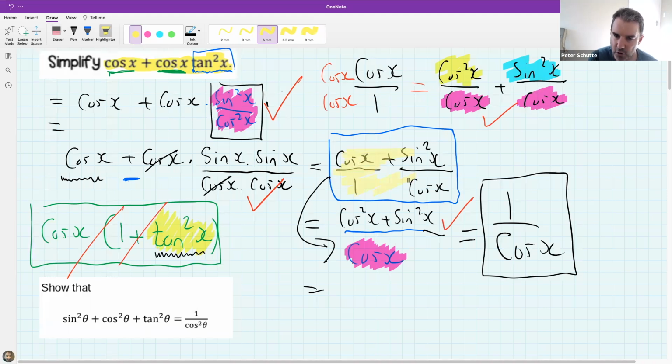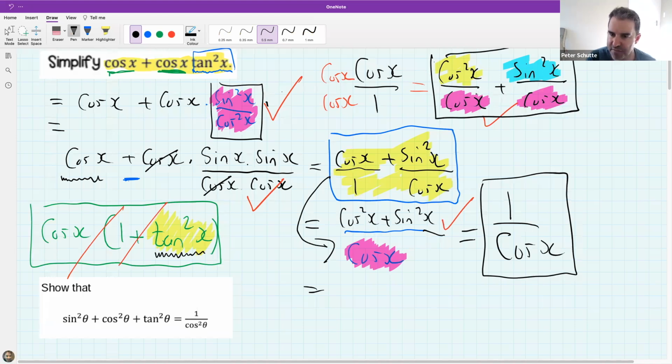So this big yellow bit, that's where I got to. And the problem is I couldn't add because the one denominator was 1, the other denominator was cos x. So what I did was I forced it to have a denominator of cos x by timesing the top and bottom by cos x. And then basically I had this situation.